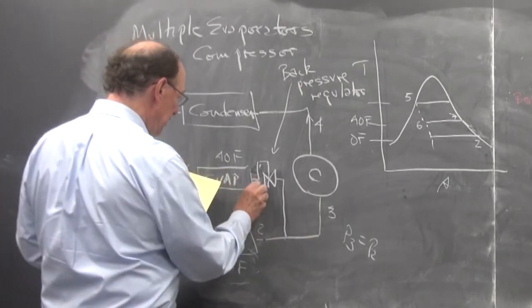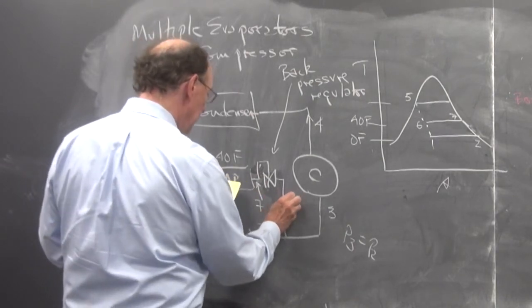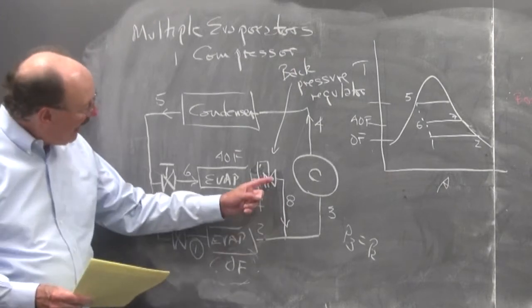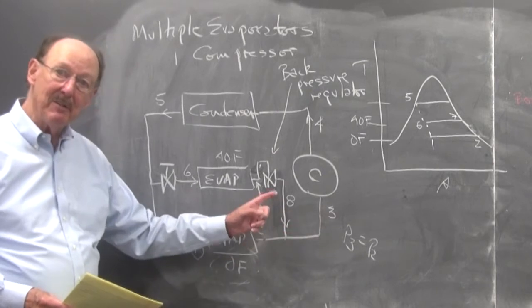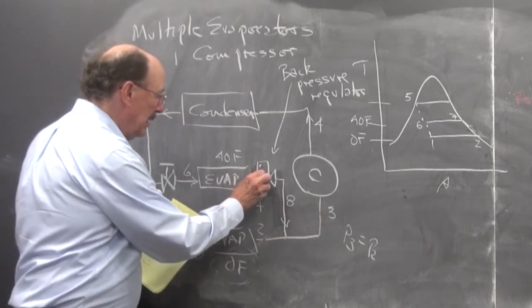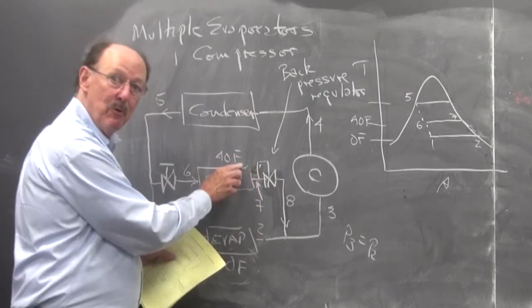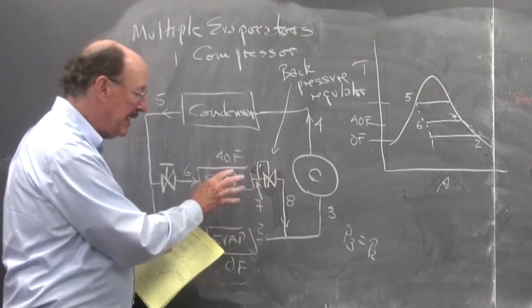Now this is state 7, and this is state 8. On this side of the back pressure regulator, it can be at this low pressure. It doesn't care. It's going to regulate the pressure here to be at the pressure corresponding to 40 degrees Fahrenheit. So I can control the pressure in here and I don't get that low pressure.